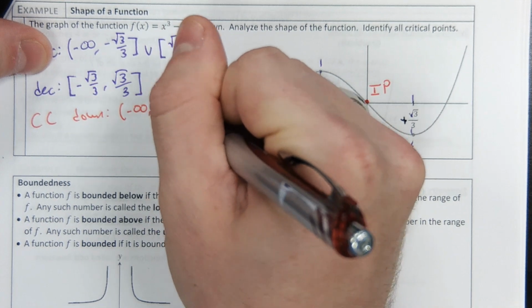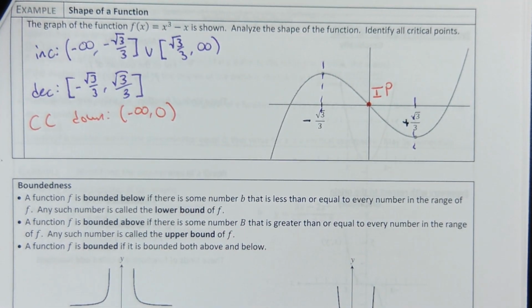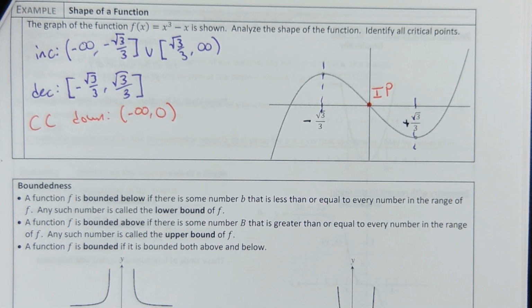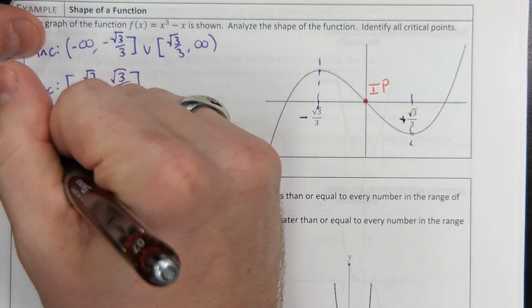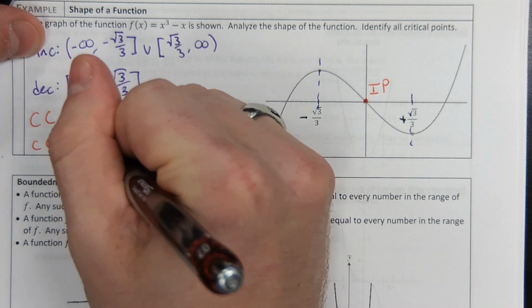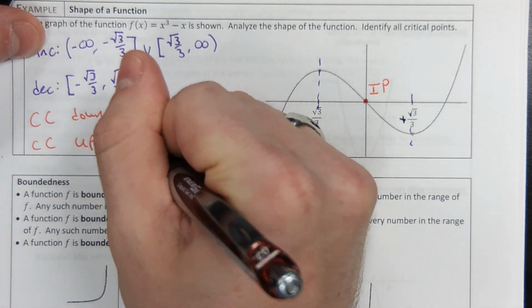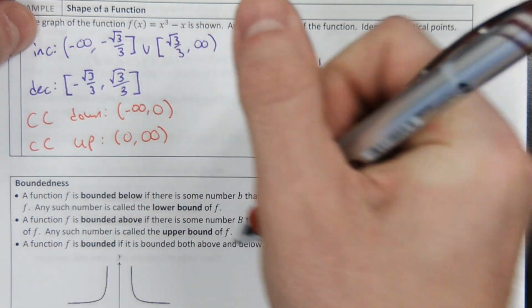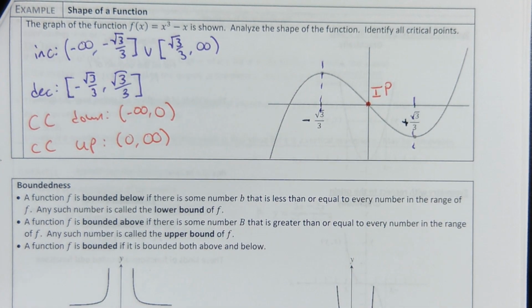Oh, hold on. College Board puts brackets on the barriers for increasing, decreasing, not concavity. Why? Good question. But there it is. So we just have to remember not to bracket our concavity changes. That was fun.